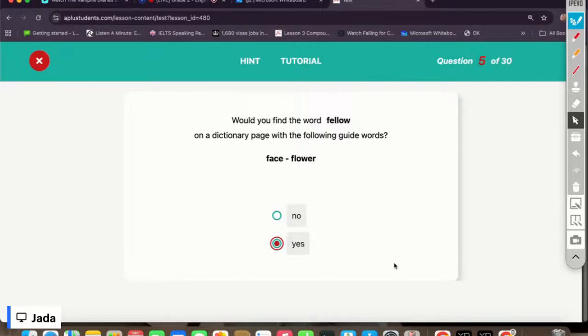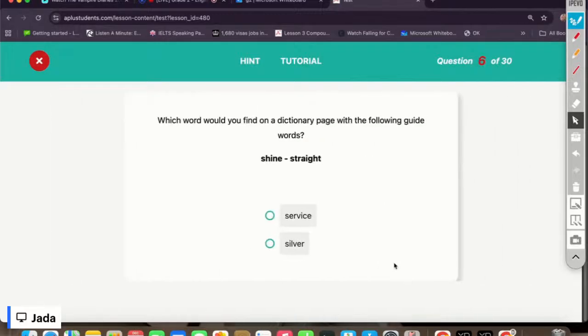So what? Yes. Alright, so which word would you find in between shine, straight? Is it the first or the second?